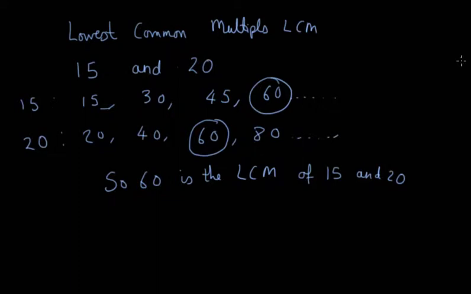So let's look at some ways to work these out with different numbers. So let's think of 48 and 180. So let's first find the prime factors of each of these numbers.